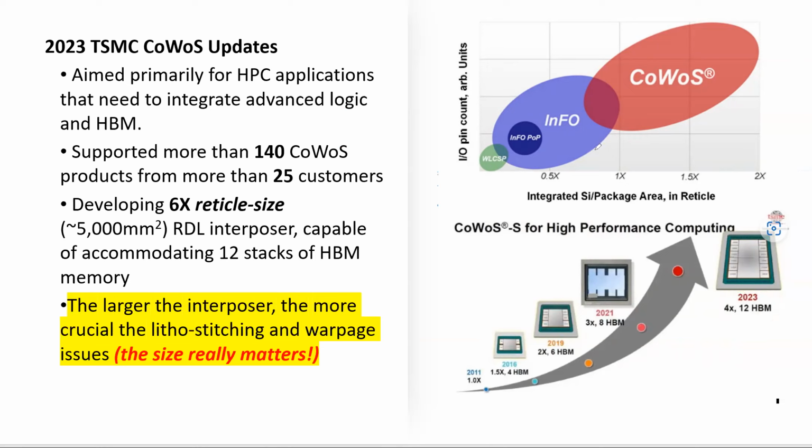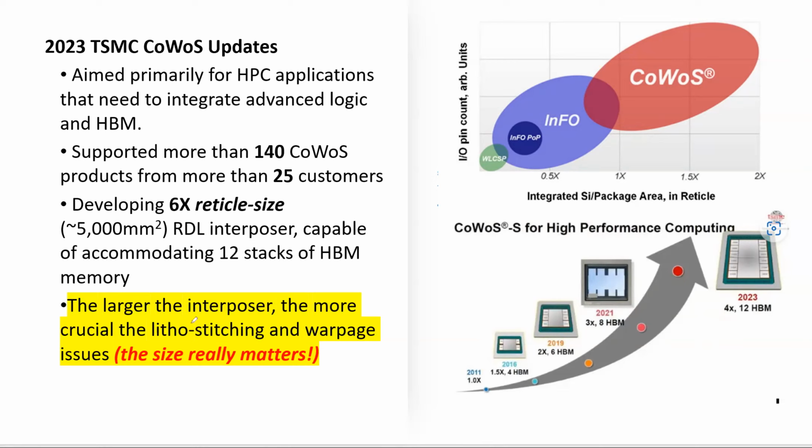And the top one is an earlier update. They said their integrated silicon packaging area is in reticle. In reticle means the 1x is 858 millimeters squared. And then in 2023, they are going to 4x. In the future, they would like to do 6x. And this is amazing, right?